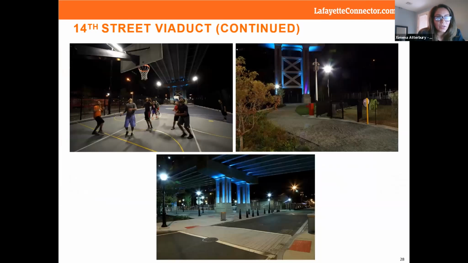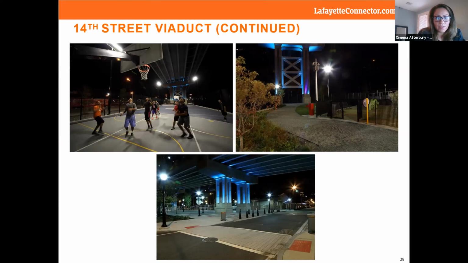Next, these are nighttime images of the same space. And here you can see how important lighting is to the spaces underneath. It helps the community be able to use this space, but also makes them feel safe. And it can also be part of an art component.